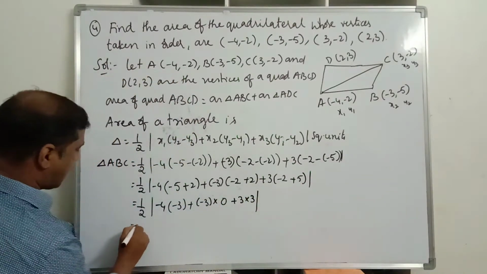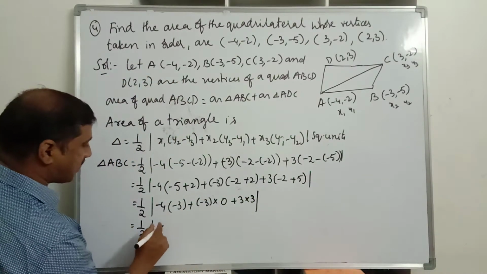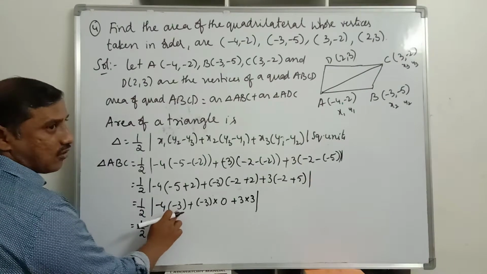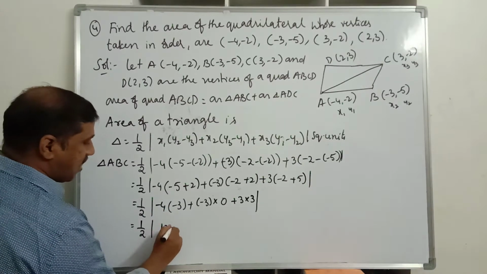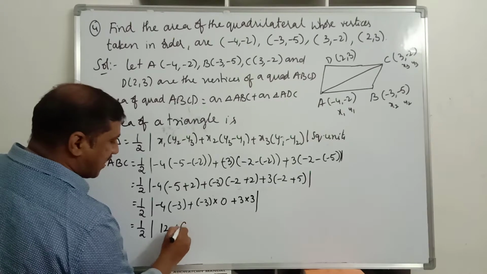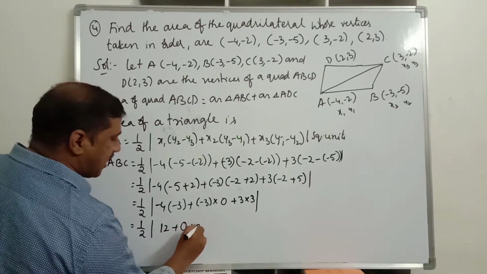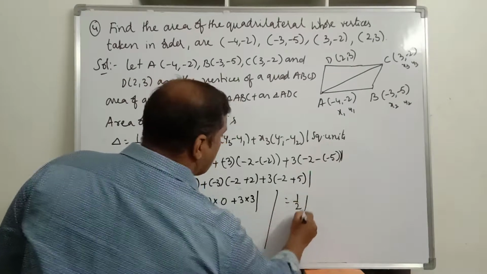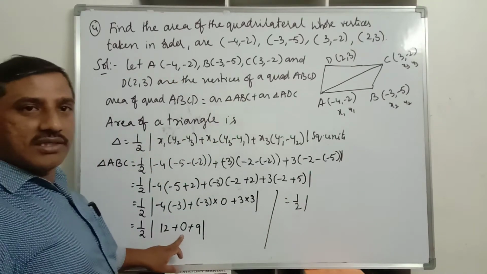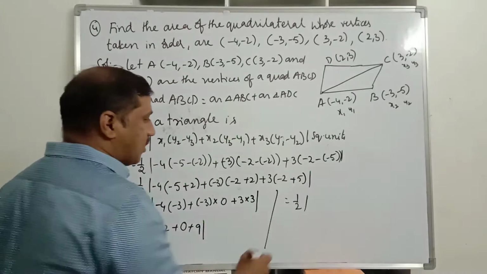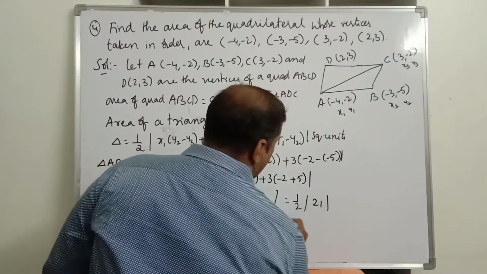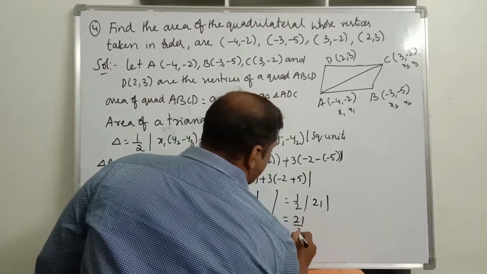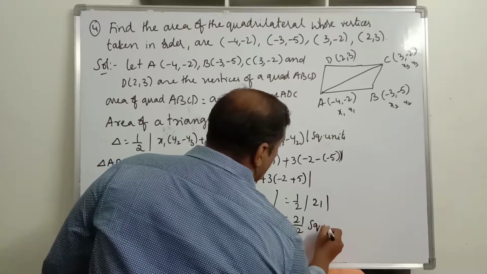Simplify this. We will get 1 by 2 into modulus of minus into minus is 4, 4 into 3 is 12, plus minus 3 into 0 is 0, plus 3 into 3 is 9. Now by adding, we get half into modulus of 12 plus 0 is 12, 12 plus 9 is 21. Modulus of 21, that is 21 by 2 square units.